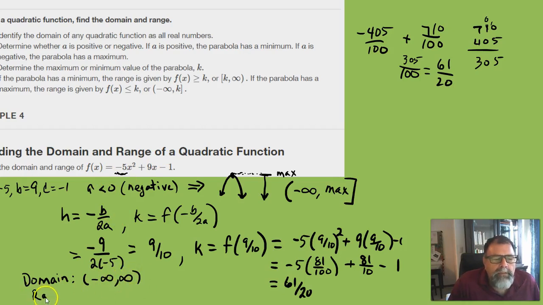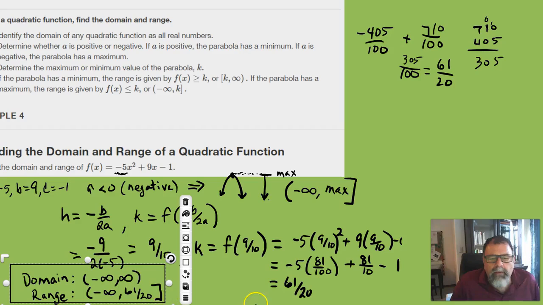And the range, since this one was opening downward, is going to be from negative infinity up to the max value, which we just found to be 61 over 20. Okay, and that's our final answer there. So that's finding the max value so you can state the range. Now let's just do an example that says find the max or min.